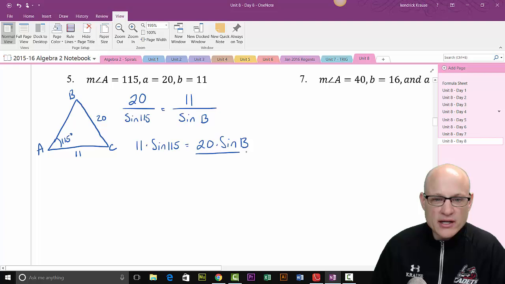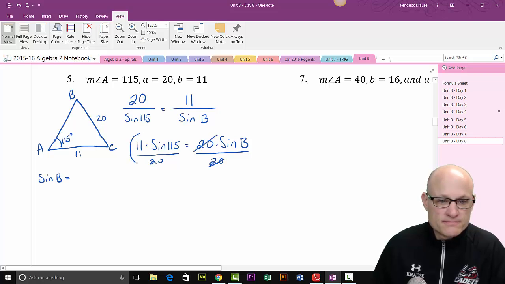Okay, now I got to get b by a sine of b. So I got to get rid of the 20. I'll do my work over here now. Sine of b is equal to this. So this I'm going to put in my calculator.